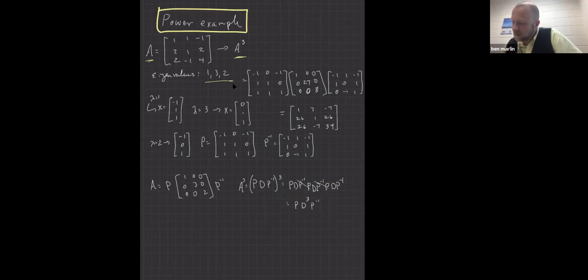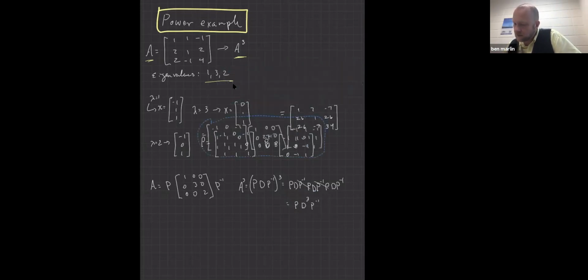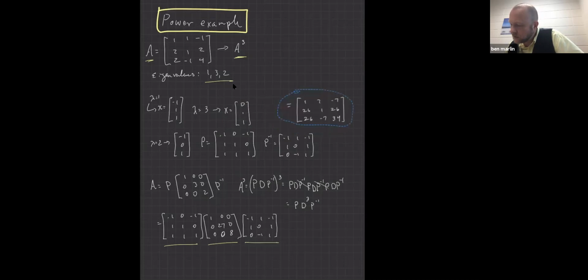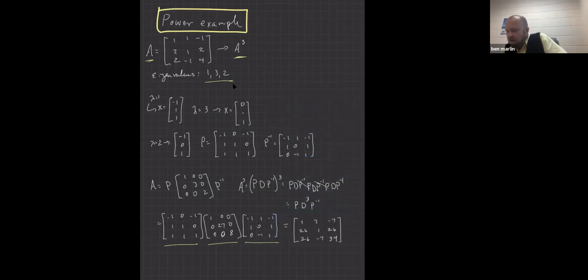So for this thing that we're trying to multiply out, we can just take the P that we already know about, the cube of the diagonal, so we have to keep them in the right order, 1, what was it, 1, 3, 2, and so when you cube those, 1, 27, 8, and then times the P inverse, and when you calculate all those out, you will end up with this 1, 7, -7, etc., etc.